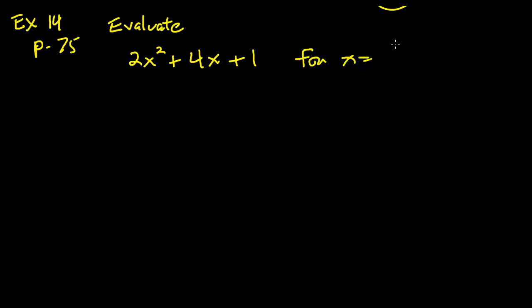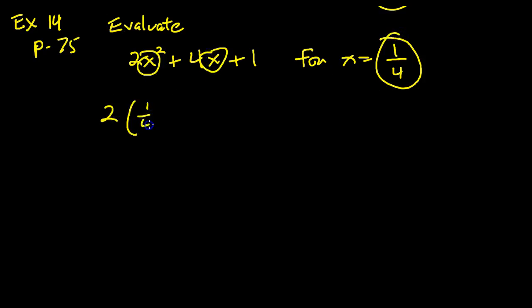And we've got a fraction here for x equals 1/4. Now don't panic and don't run to the calculator. Wherever you see an x in this expression, namely here and here, you plug in 1/4 and then evaluate according to your order of operations. Really not that hard. No reason to panic here if you show good housekeeping.